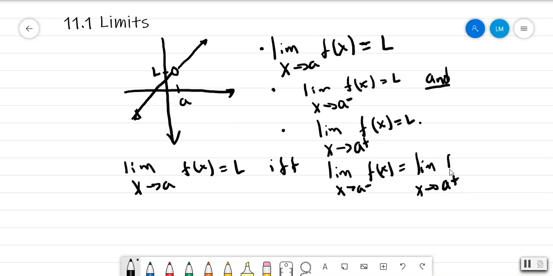I'll just put a plus sign. And of course, we would have to say that that equals L.